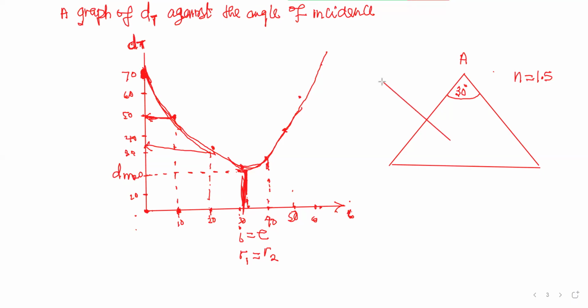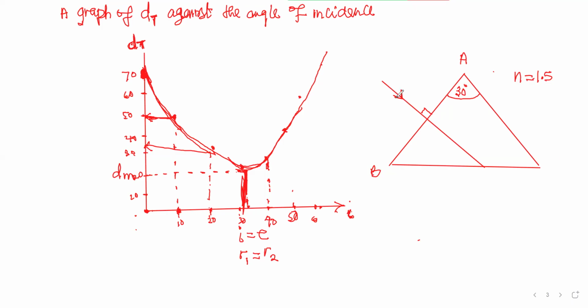If this is the normal, the ray is exactly along the normal. So this is the incident ray. The incident ray makes an angle of 90 degrees with one of the refracting planes, AB.